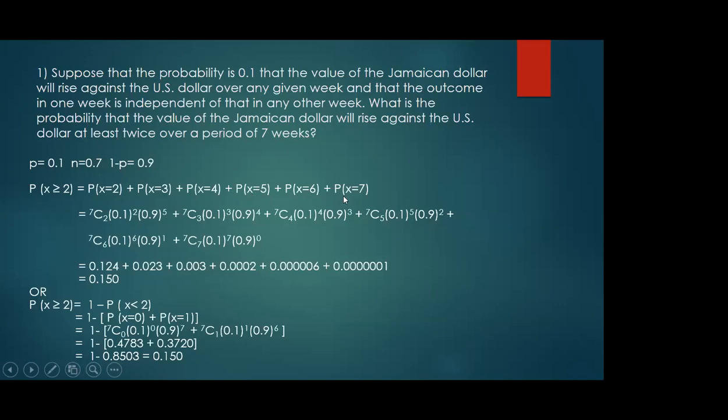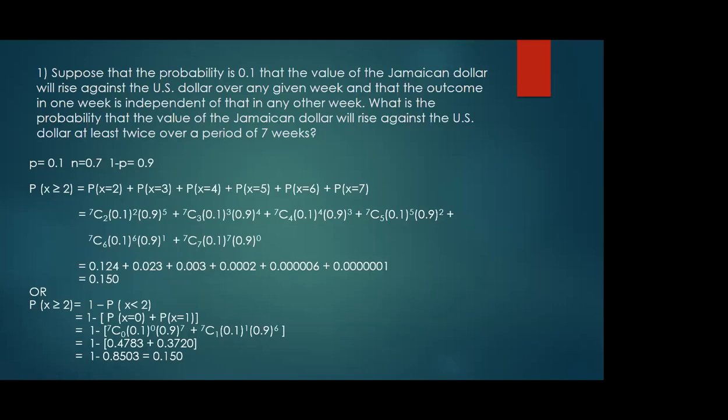Probability that x equals 5 is 7 choose 5 times 0.1 raised to 5 times 0.9 raised to 2, which is 0.002, plus 7 choose 6, and we continue like that, and we end up with 0.150.